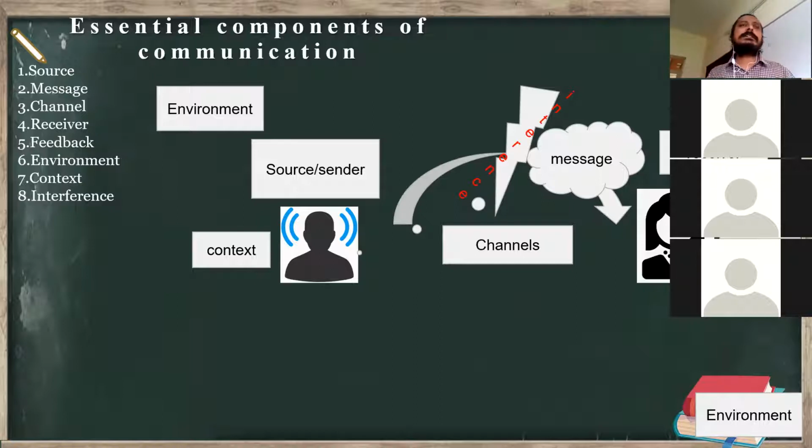We will talk about it later when we talk of interference or obstacles or barriers to communication. This will allow me to understand the message in the given interference. If there is a poor communication line between Meet and me, the problem would be Meet won't be able to understand the message entirely. And therefore, we need to understand how to reduce these obstacles, these interferences, these barriers to a minimum level.